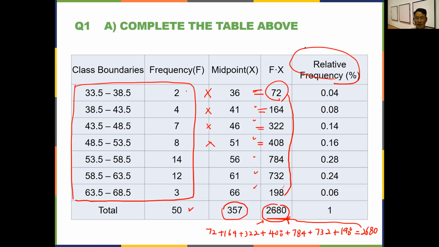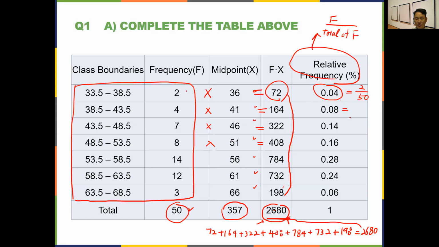Now, how do we figure out the relative frequency? Relative frequency is the frequency of each class divided by the total frequency. So this number right here, for example, came from what? 2 divided by the total, 50. If you type 2 divided by 50 in your calculator, this is what you get.